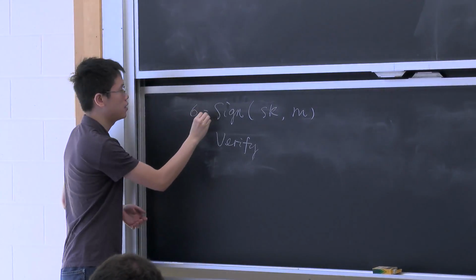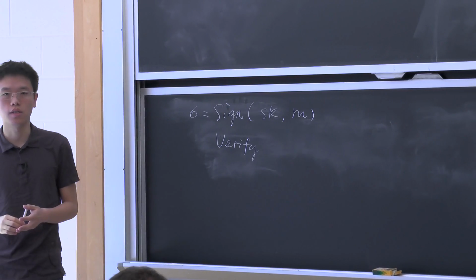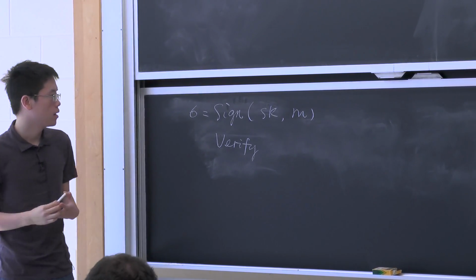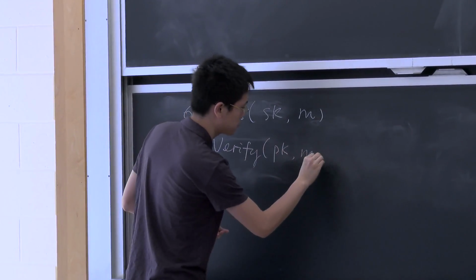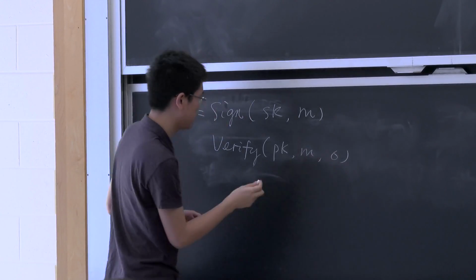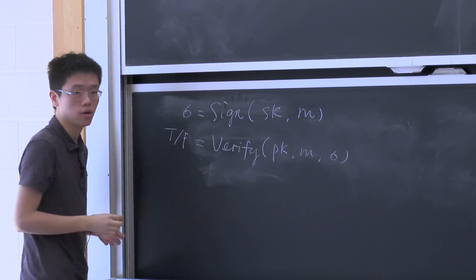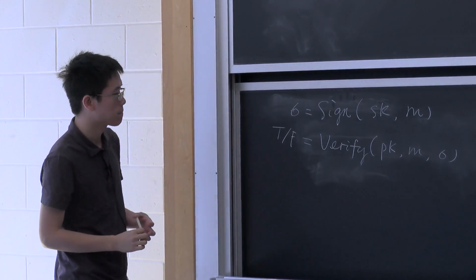It outputs a signature, which we refer to as sigma. And verify takes a public key, a message, and a signature, and outputs either true or false. Either accepts the signature or rejects.